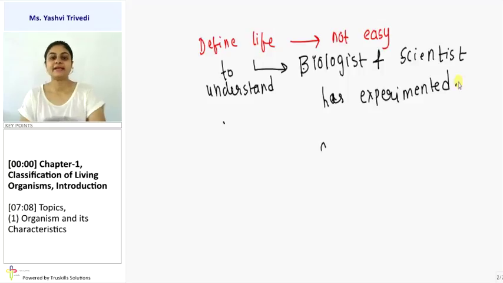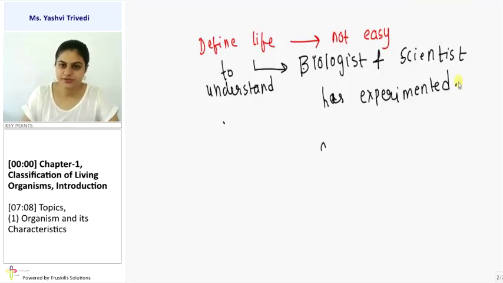They carried out various types of experiments and analysis which could draw a line between the definition for living and non-living organisms. However, it was not at all an easy task. Finally, after lots of experiments and analysis, they came to a conclusion of giving one statement for life.